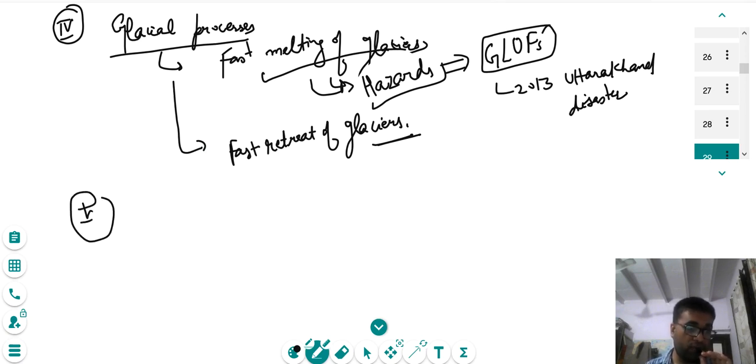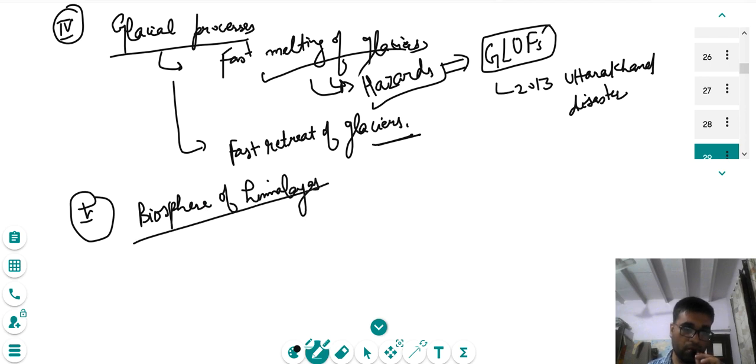Now the fifth one, that is the impact on the biosphere of the Himalayas. What is happening in the Himalayas? There has been upward movement of vegetation.